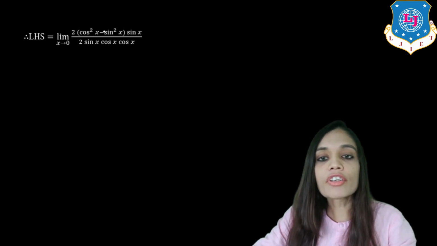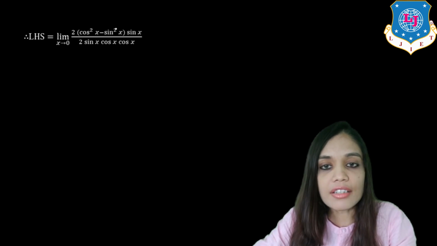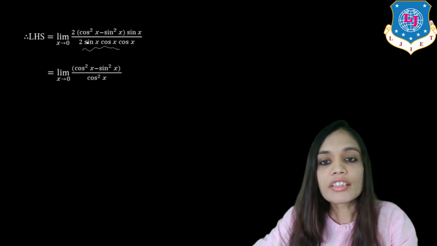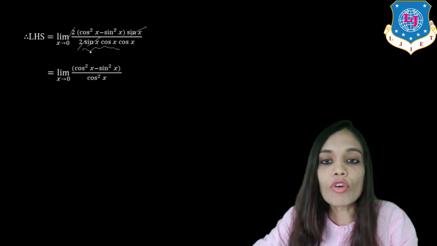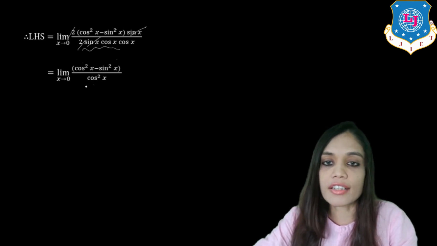Okay. Now we will replace cos 2x by cos square x minus sine square x and sine 2x by 2 sine x cos x. Now we will cancel this sine x out, this 2 out, and now what will remain? Cos square x minus sine square x upon cos square x.